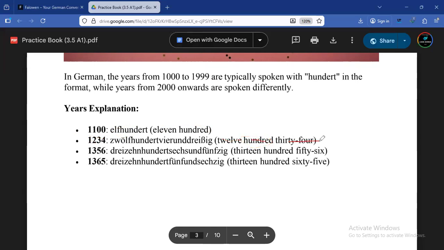So we are just mentioning these numbers one by one. 12 is 12, 100 is 100, 34 is 34. 1356 is going to be 1356. We put hundert in the middle. So it's going to be 13, 100, and 56 is sechsundfünfzig.